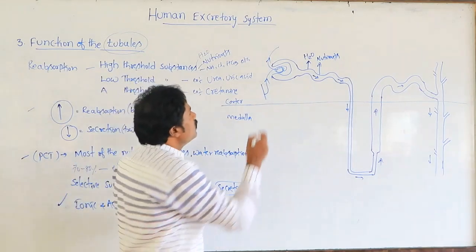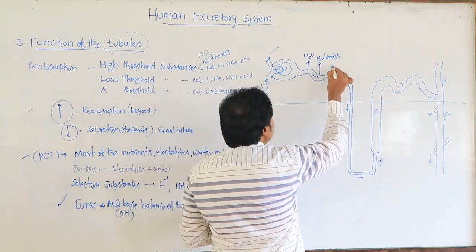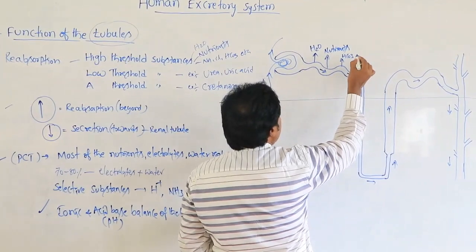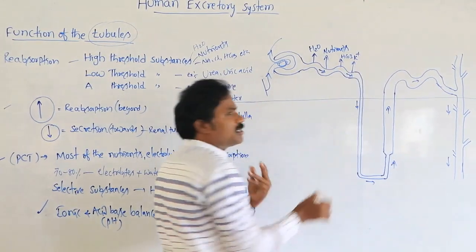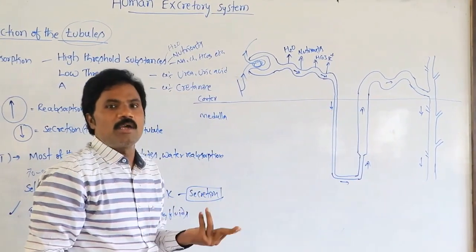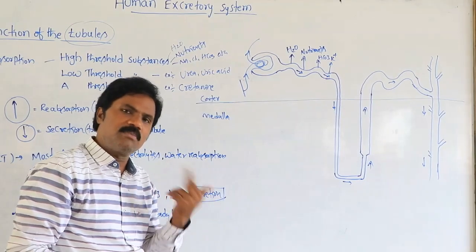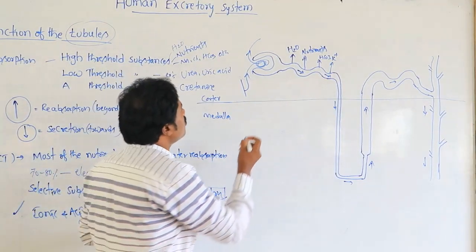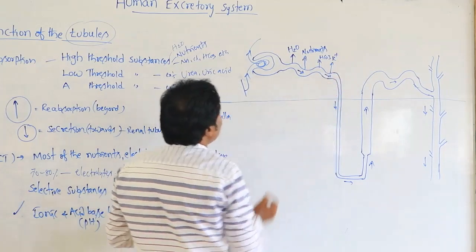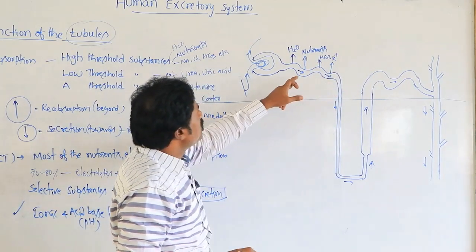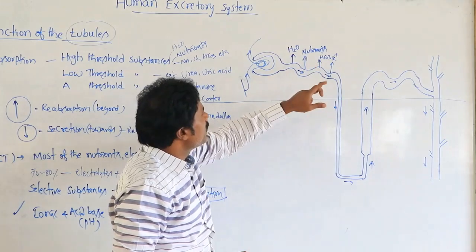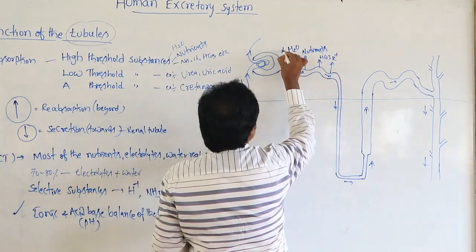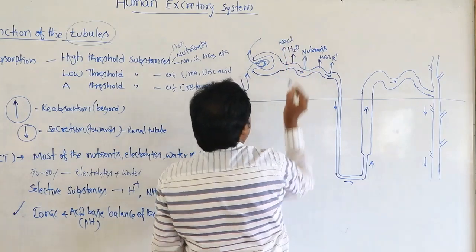Nutrients, then bicarbonate, and some amount of potassium are also ready to be reabsorbed. Along with this, some secretion also takes place. So water, nutrients, bicarbonate, potassium, along with sodium chloride are reabsorbed.